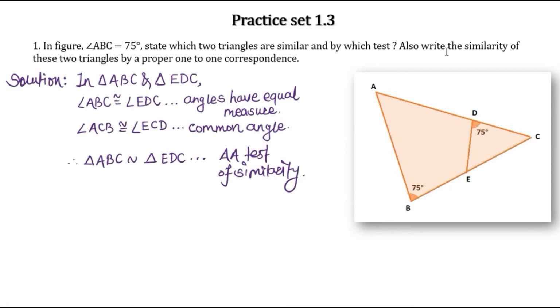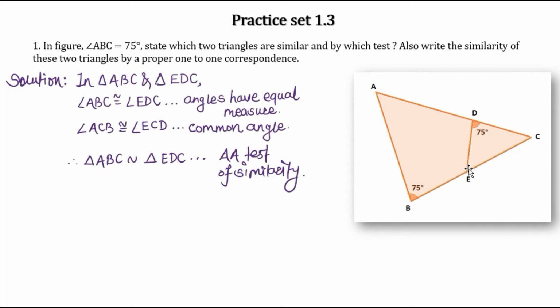Now we also have to write the one-to-one correspondence, which is also very important. In these triangles, A is congruent to E, B is congruent to D, C is congruent to C itself.